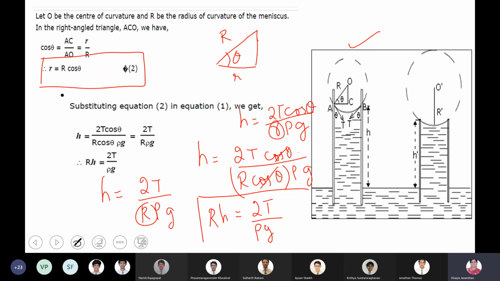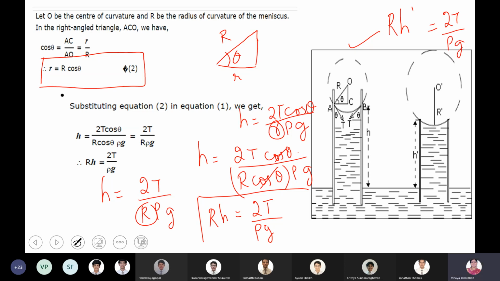R is the radius of curvature of the liquid meniscus in tube 1. H is the height to which the liquid is rising in tube 1. The same thing will happen for tube 2 also: R dash H dash will be equal to 2T by rho into G.